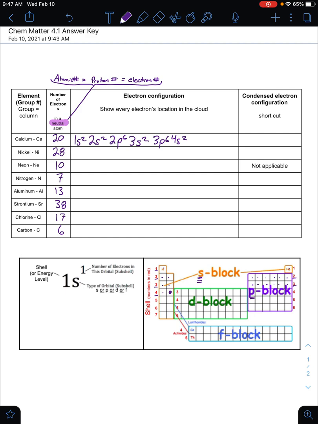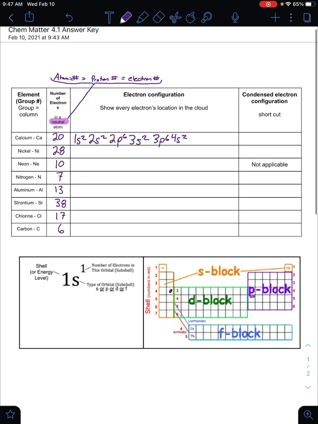Shortcut, we have to just backtrack a little bit to the last noble gas. The noble gas that is closest but smaller than the one we had. So again, we're here. Well, we have to go back. That's not a noble gas. Here's a noble gas. And if you look at a full periodic table, that noble gas is argon.